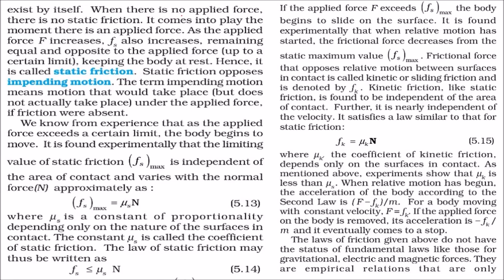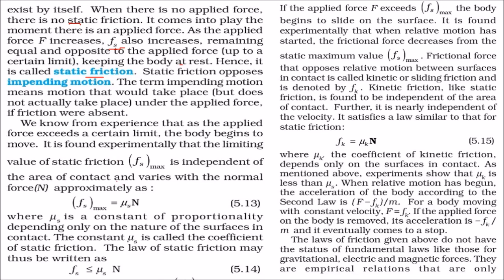And when there is no force applied, as I said, there is no friction, meaning no static friction. It comes into play when you actually apply a force. So this Fs is what is opposing, which is why we call it static friction. The body is kept at rest. This is the impending motion.